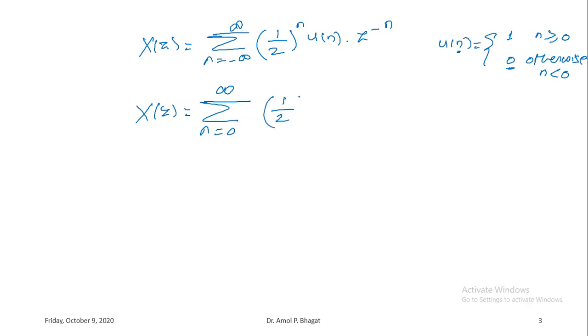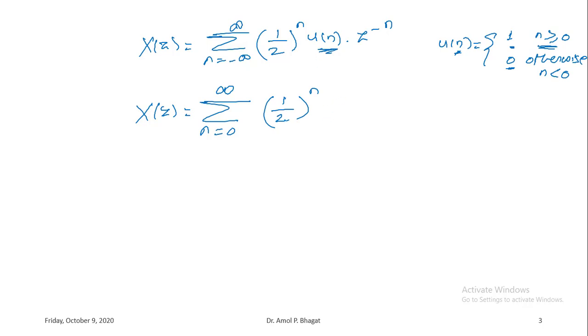So again, (1/2) raised to the power n, and this u of n will be 1 for the remaining values, for n greater than or equal to 0. So I can substitute the value of u of n as 1 here.